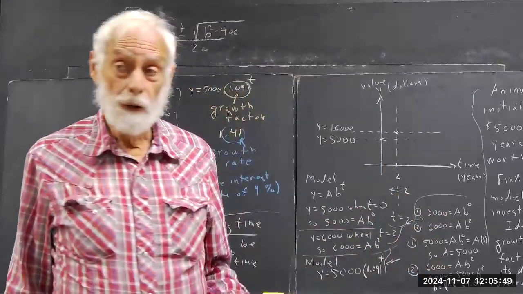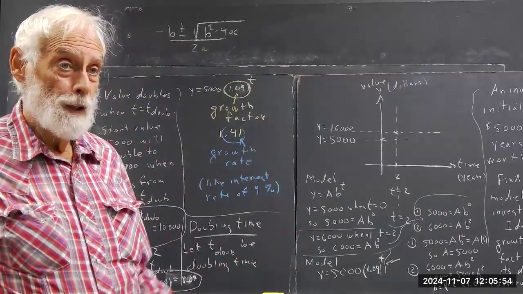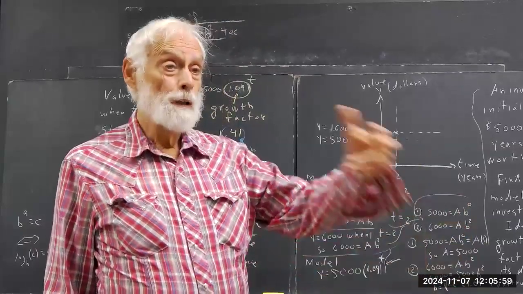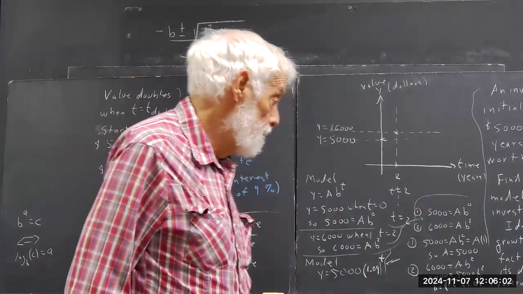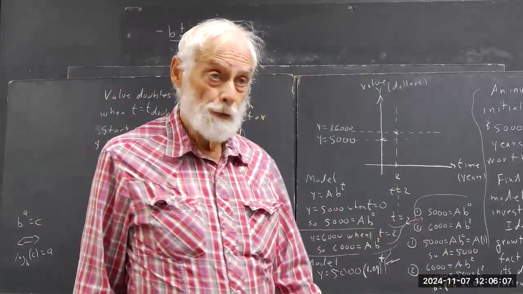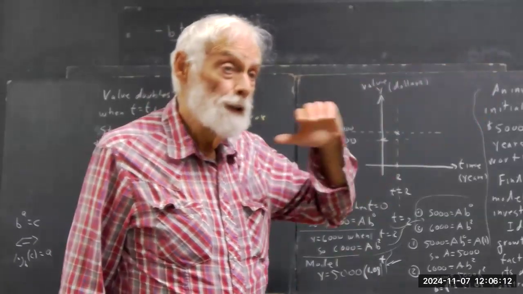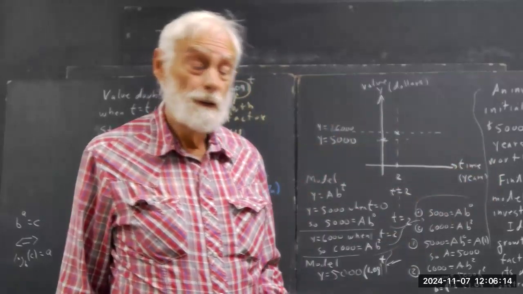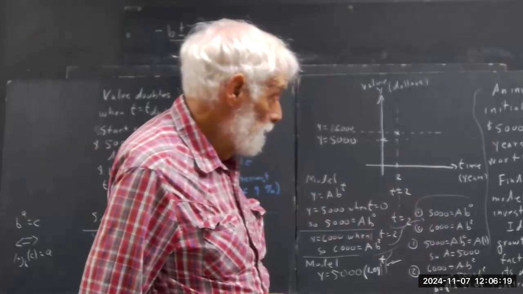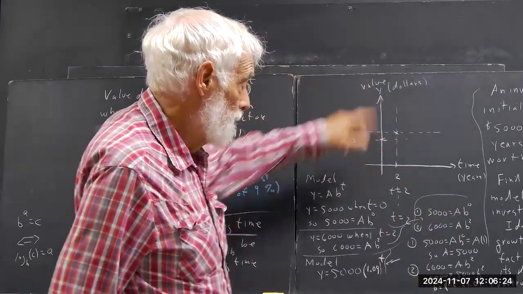Then you solve those equations. Okay. If the model is A, B to the T, then yes, you probably want to solve one of the equations for A and plug that into the other equation. Then you can solve that other equation for B, and you can plug that value back into the original equation to solve that one for A. Now, in the example we used here, you automatically got A because one of our points was the y-intercept.